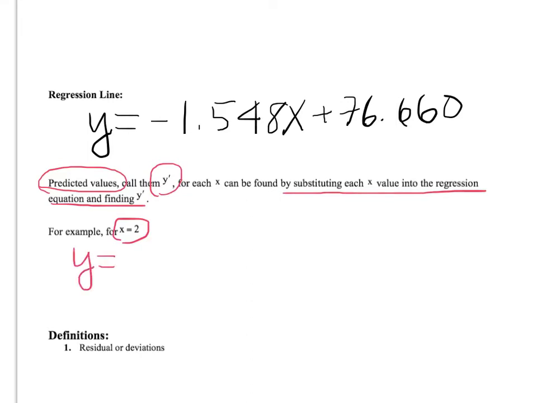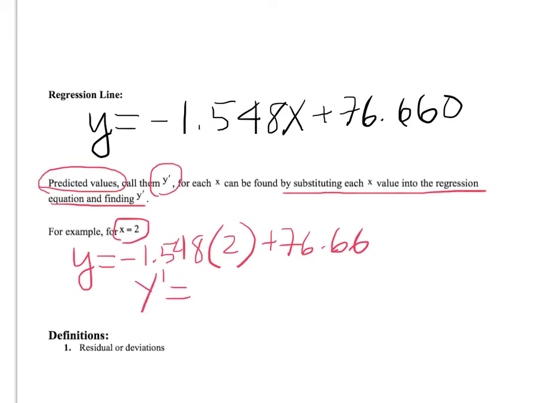So that becomes y equals negative 1.548 times 2 plus 76.66. And so that predicted value for x equal to 2 is equal to 73.564.